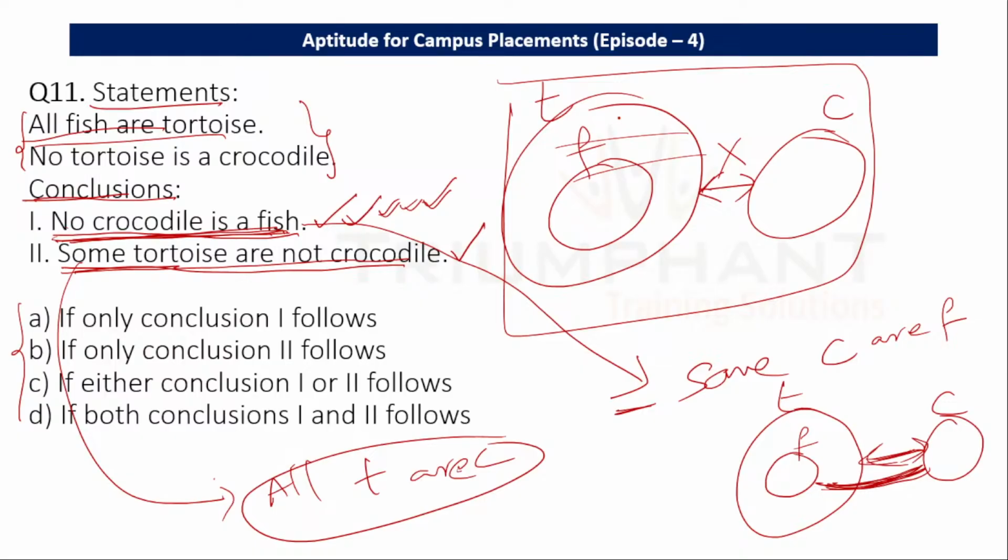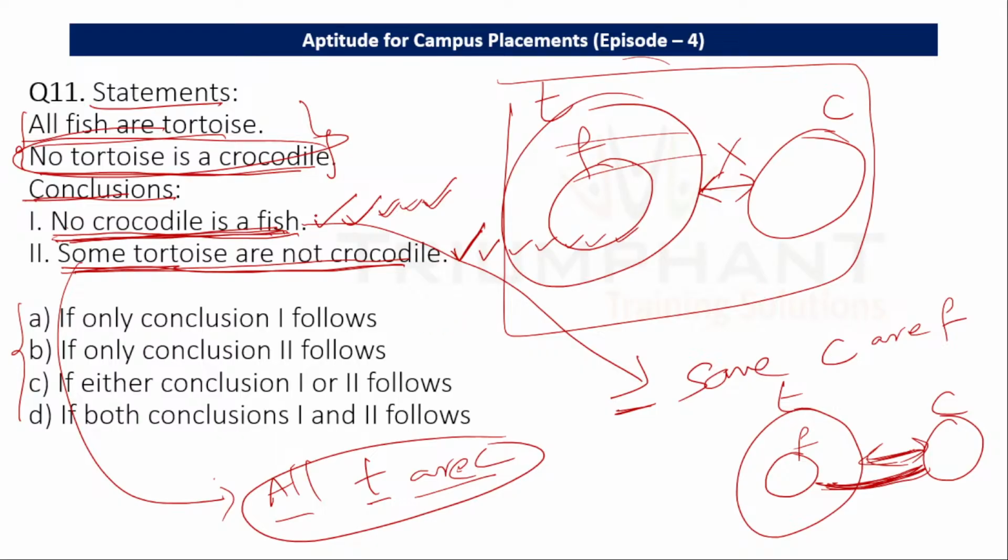Can I prove all tortoise are crocodile? No. Clearly no tortoise is a crocodile, so when the statement says no tortoise is a crocodile, how can we prove all tortoise as crocodiles? So we are unable to prove the second false either. The second one is also always true.